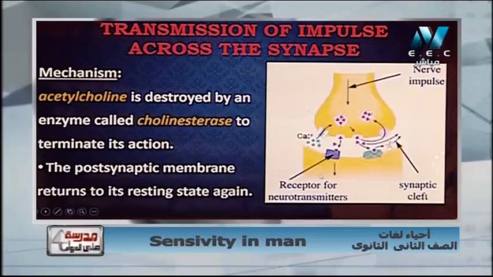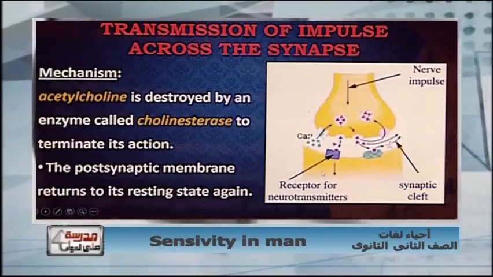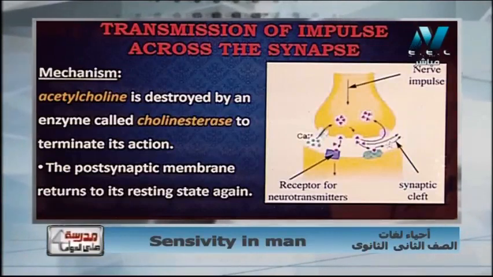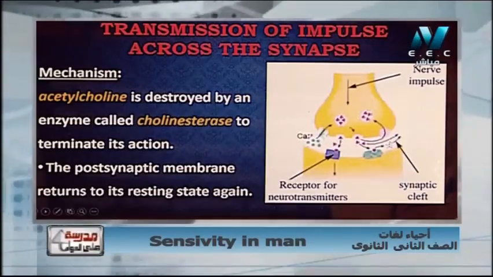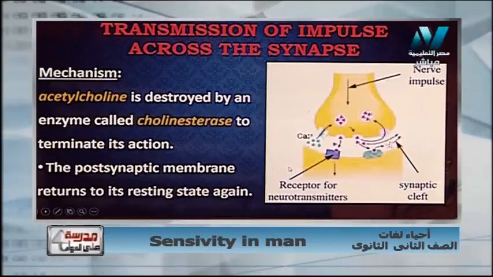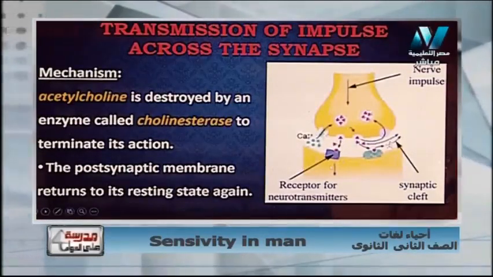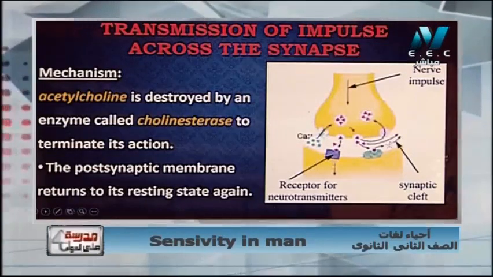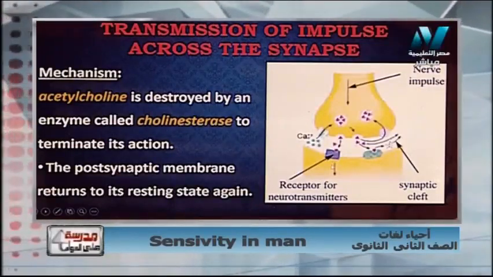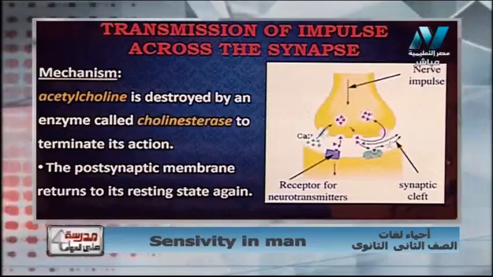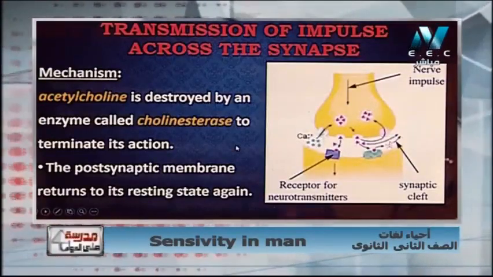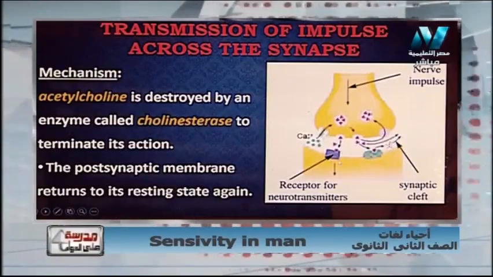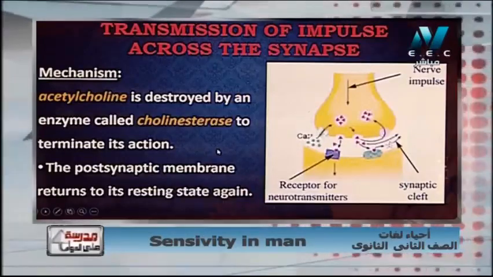Once the chemicals enter the dendrites, the acetylcholine is destroyed by an enzyme called choline esterase. This enzyme destroys the acetylcholine to terminate the action of this chemical. The postsynaptic membrane returns to its resting position, so it regains its physiological properties and becomes a selective cell membrane that doesn't allow anything to enter it.